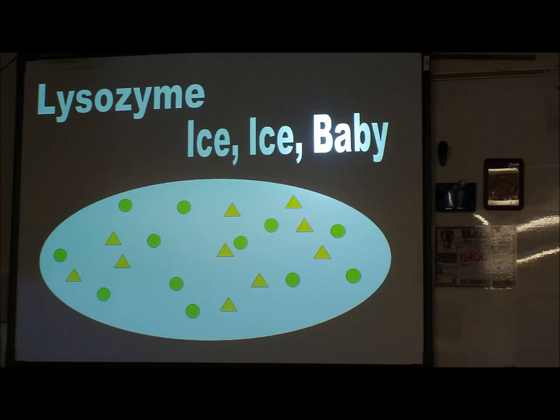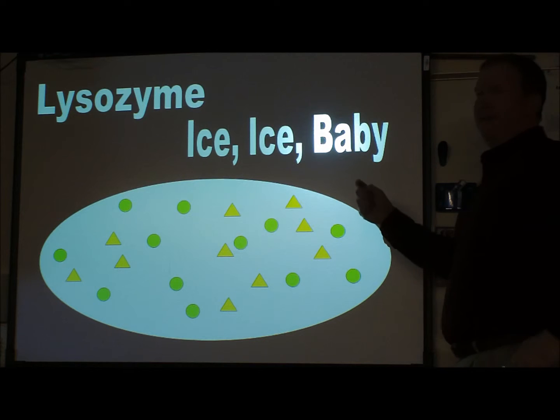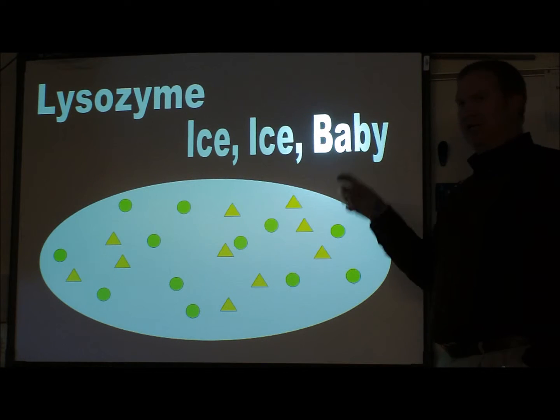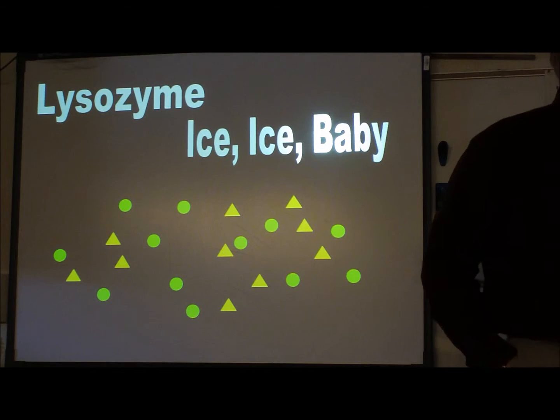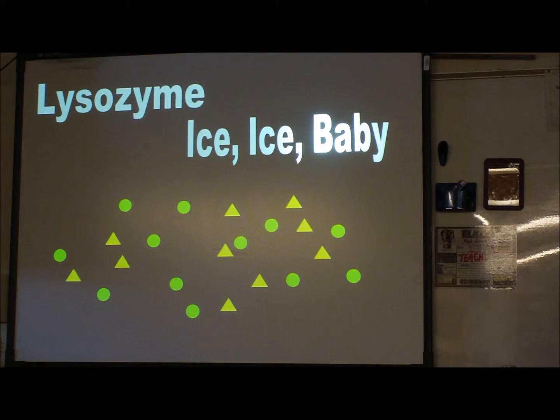And by doing those two steps, we have a pretty good certainty that we'll get rid of most of what's in that cell, or we'll at least release what's in that cell. We'll break down those cell walls. So then we have that wonderful solution of proteins that you want.